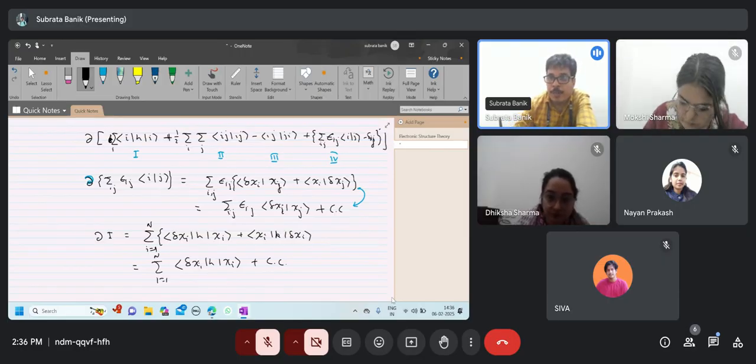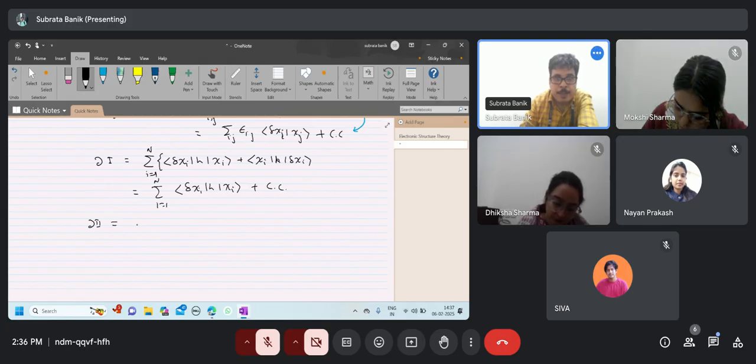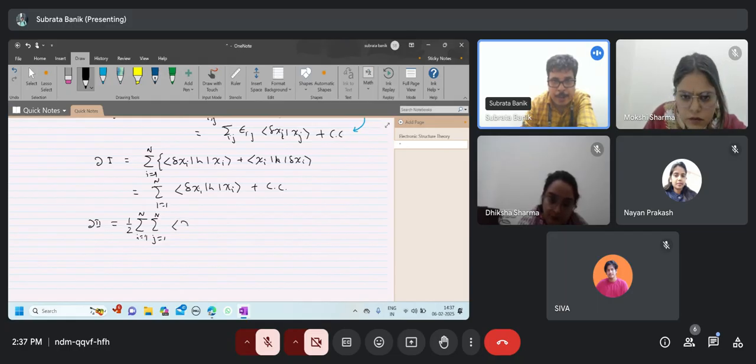Now let us go for the second and third terms. What is the second term? I have delta 2, which was half the sum over i equal to 1 to n, j equal to 1 to n. Let me write it now in terms of this function. So I have delta chi i chi j, chi i chi j. We get four terms.